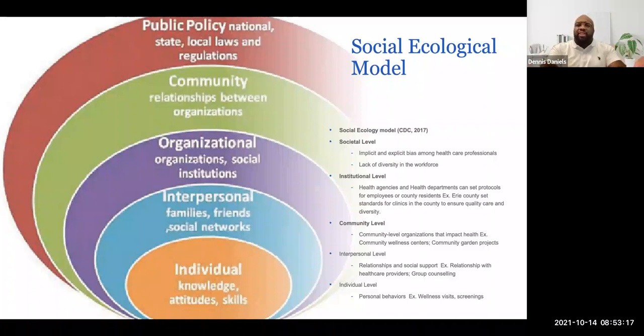And then when we have clusters of relationships interacting with one another, we're looking at the organization level, where organized efforts usually are implemented. Social institutions may be established. And then from there, the community level, where we have relationships between organizations.